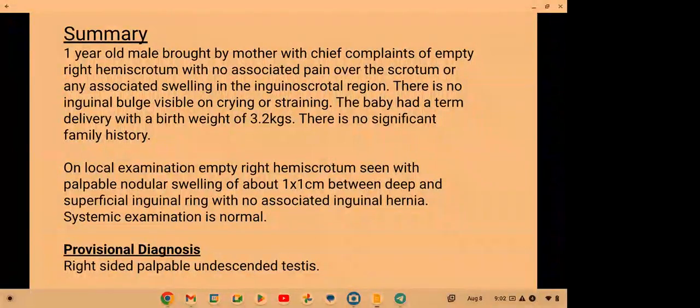If there is a 20-fold rise in serum testosterone from the baseline, that means your patient has testis somewhere in his body which can be stimulated by the beta HCG. This is called the HCG stimulation test, and this is more or less diagnostic that your patient still has functional testis. So what do you do then?